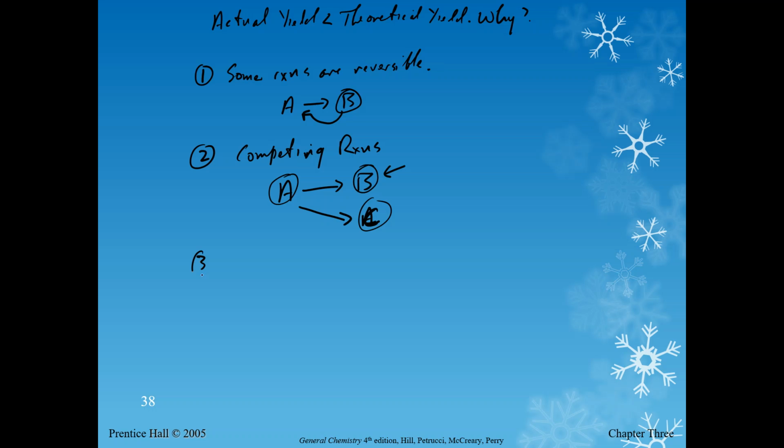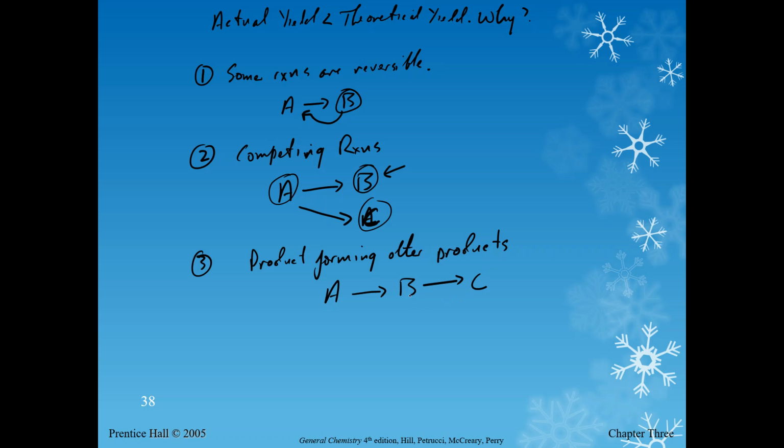Third reason is that you can have the product itself reacting to form other products. All right, so for example, using the same hypothetical AB that we have been using, you can have A reacting to form B, and then B itself reacts to form some other product C, right?